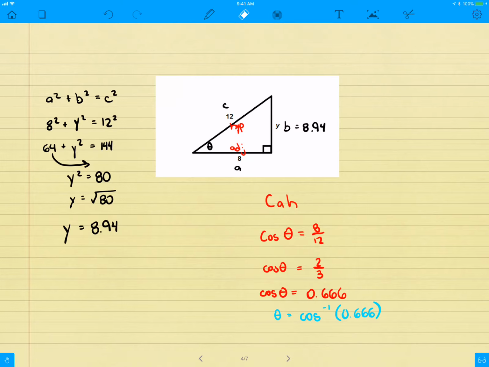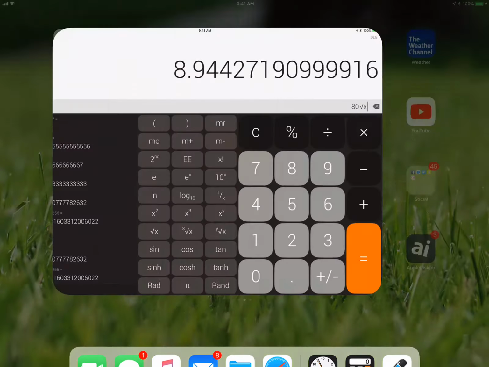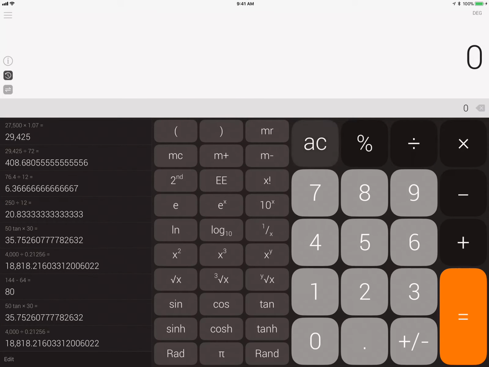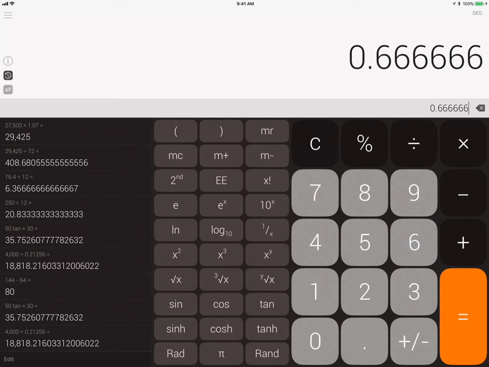Okay, but again, how to type this in your calculator? I'm going to type in the arc cosine of 0.66666. I type in the decimal first, and I can type as many sixes as I want. Then I hit the second key and the cosine negative 1. What you saw earlier before I hit this, a cosine with a little h behind it, is called a hyperbolic function, used in curves and circular paths.